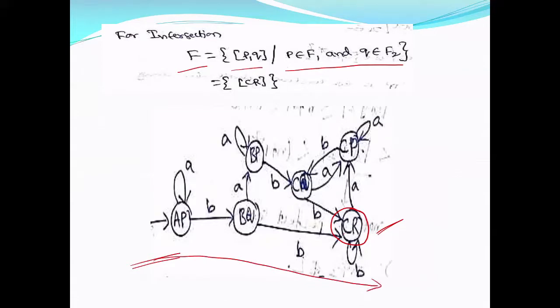When it ends up in CR, it means that if you process the same string on M1, it will end in C, and if you process the string on M2, it will end in R. So it is going to accept. This is how we make the intersection of two FAs, so that I get a new FA which will accept the intersection.